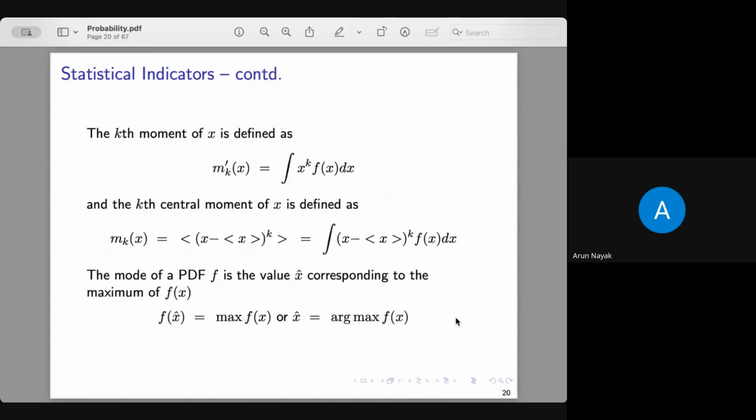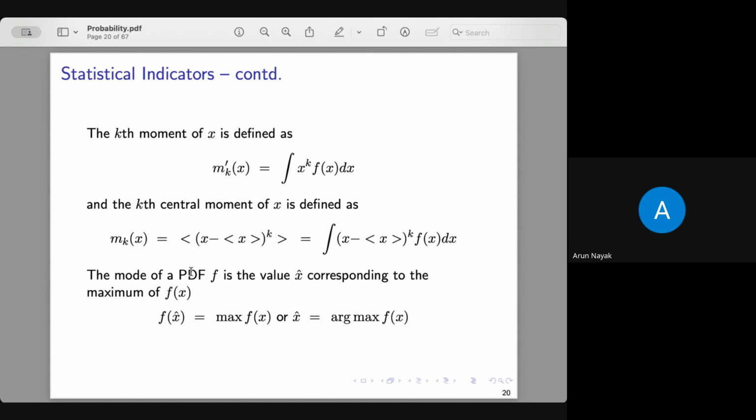Similarly, you can calculate all the moments: the kth moment of x, which is defined as mk of x is the integral of x to the power k f of x dx. And also all the central moments, which will be the expectation of (x minus mean x) to the power k.